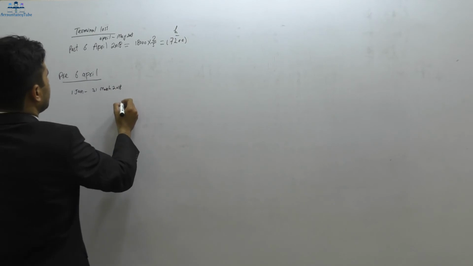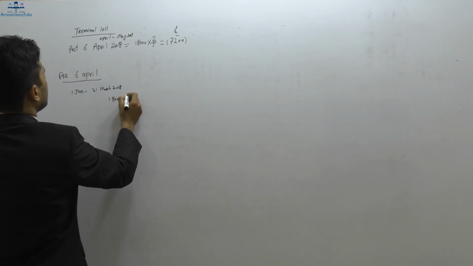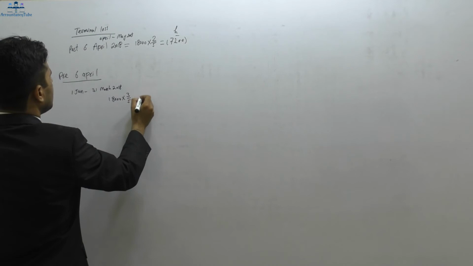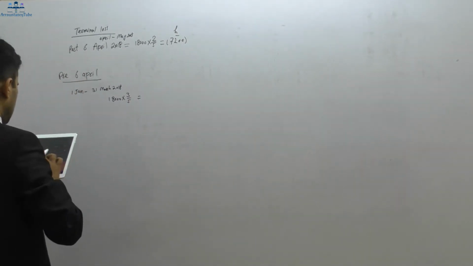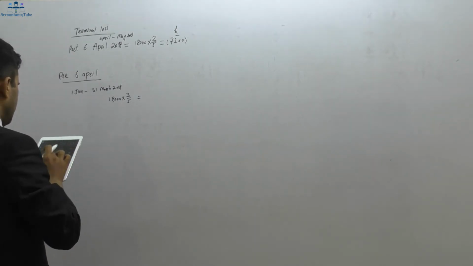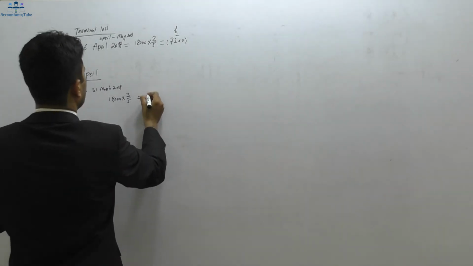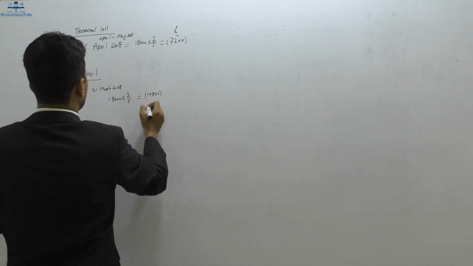That is the first period. In this period there was a loss of £18,000 times 3/5. That is £18,000 times 3/5, which is £10,800. That is a loss.